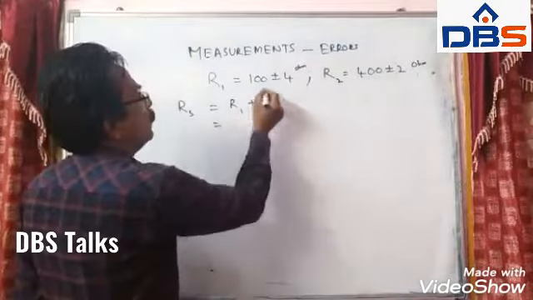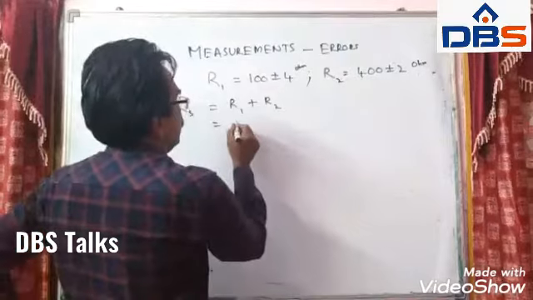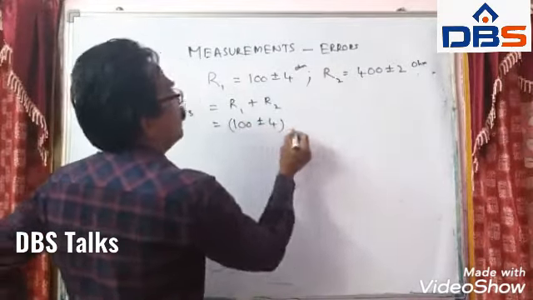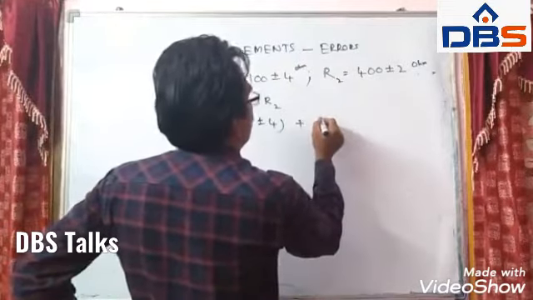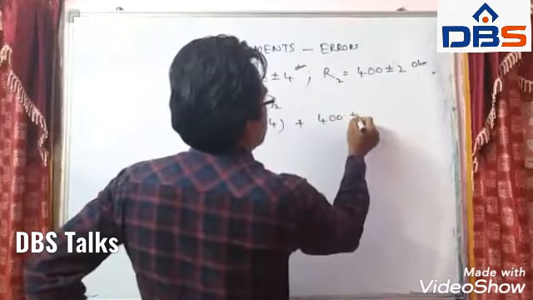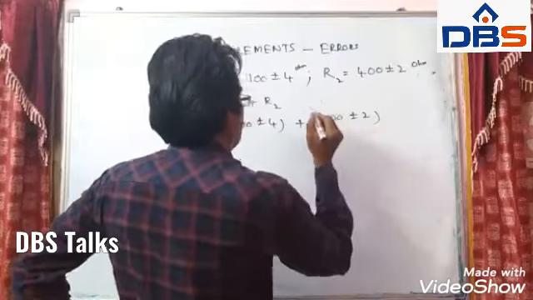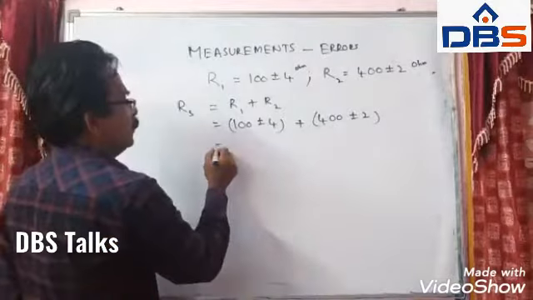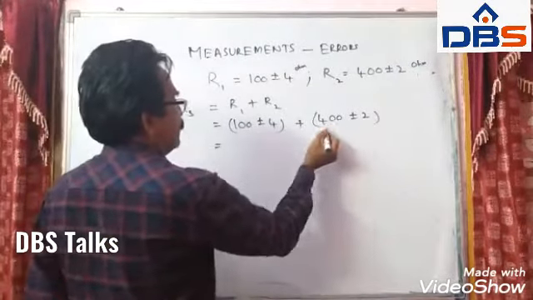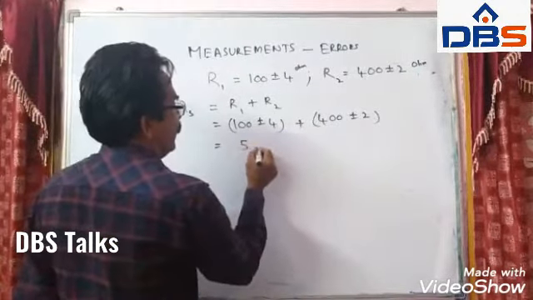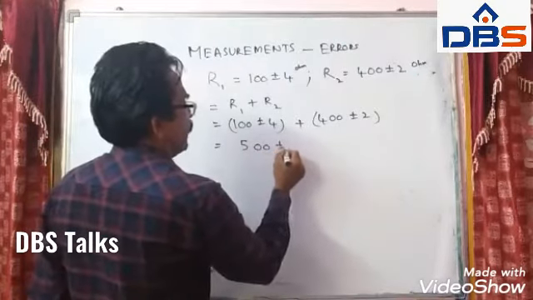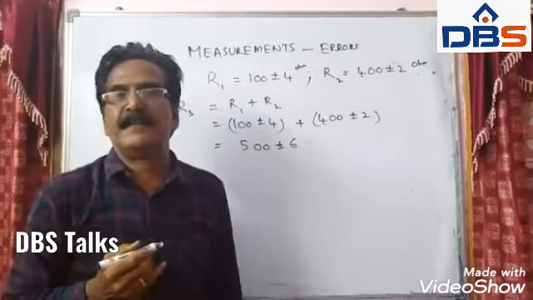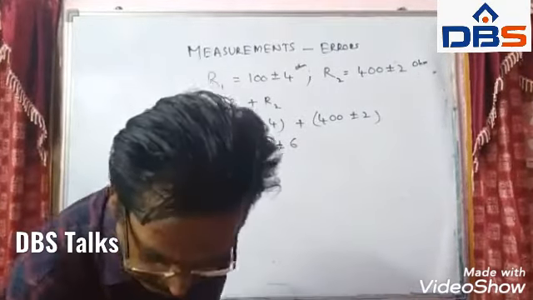That is equal to this one plus this one, 100 plus or minus 4 plus 400 plus or minus 2. Okay friends, this is equal to 100 plus 400, 500 plus or minus 6.